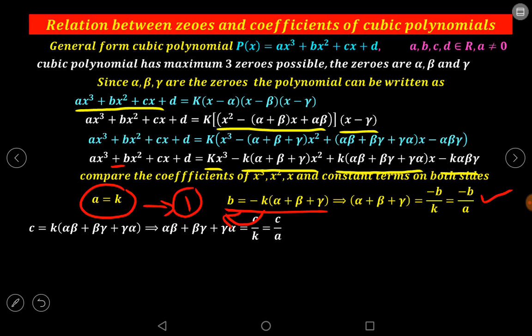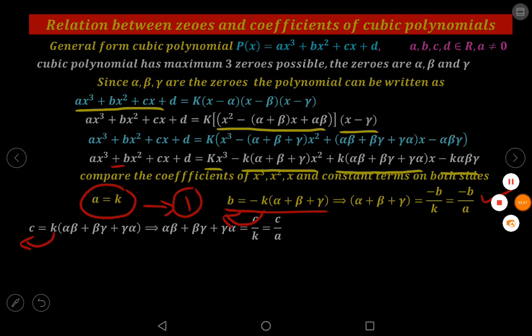Next one, x coefficients, c equal to k times alpha into beta, beta into gamma, gamma into alpha. So here k is multiplied on the right side, transpose to the left side. So the sum of the products of two zeros, alpha beta plus beta gamma plus gamma alpha, is equal to c by k equal to c by a.